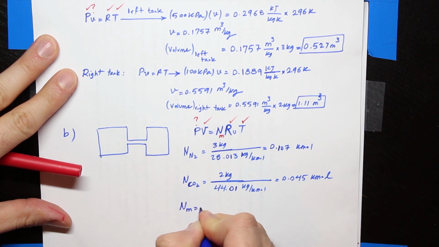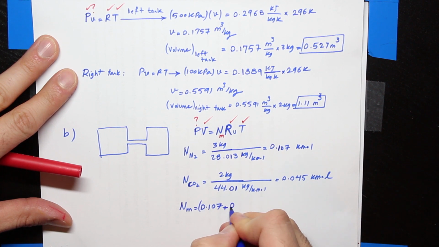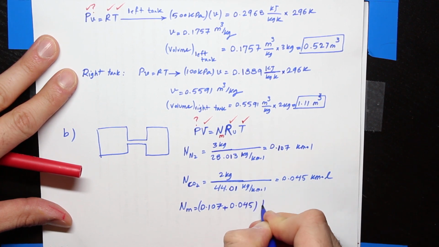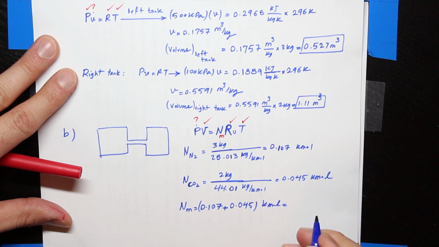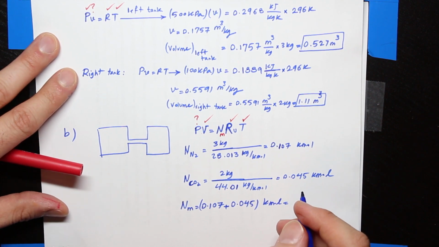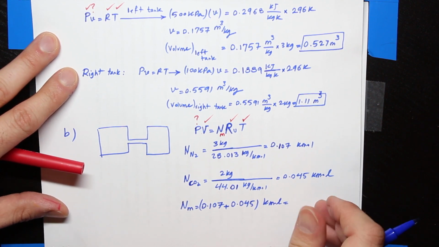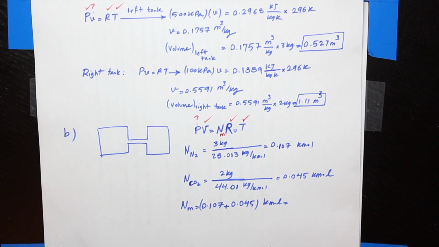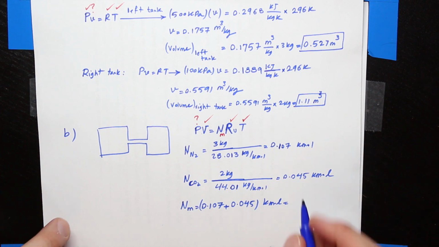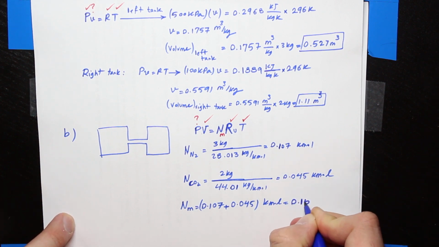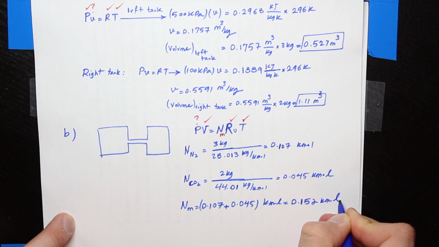So NM is 0.107 plus 0.045 kilomole, which is equal to, I do not have it in my notes, let me calculate it real quick, 0.152 kilomole.